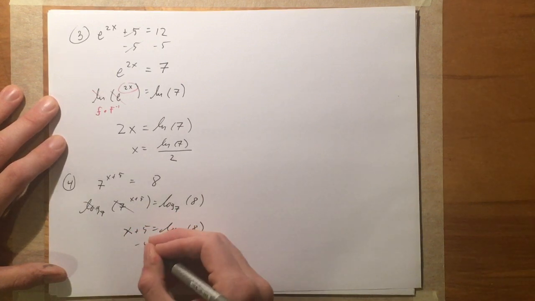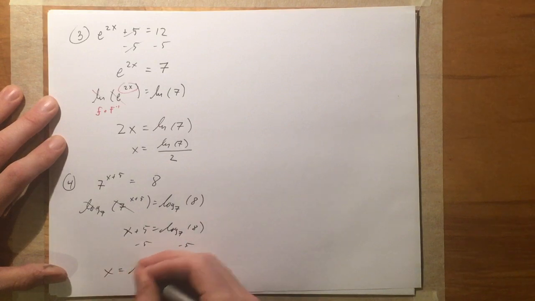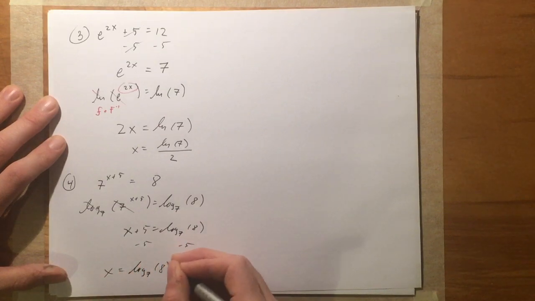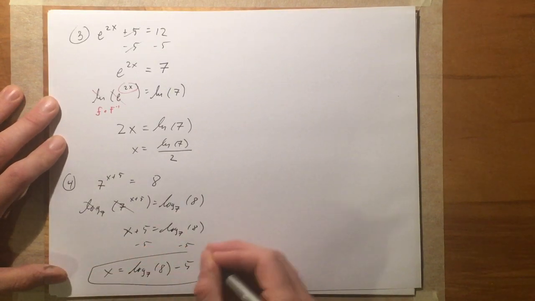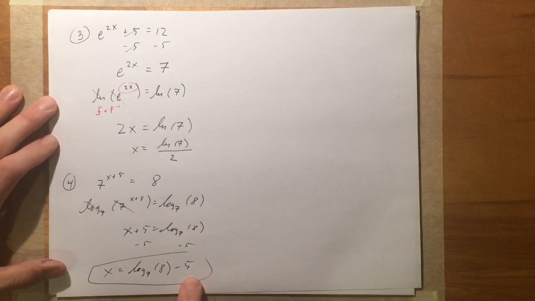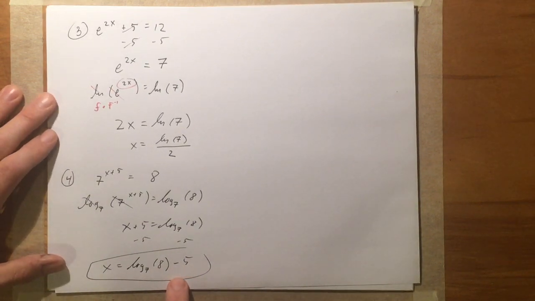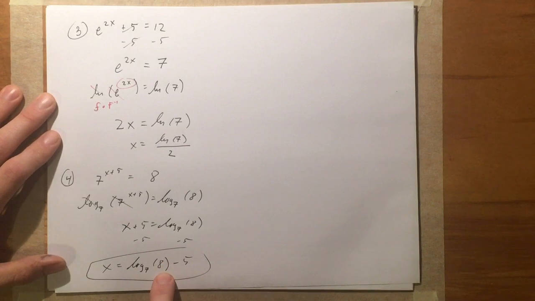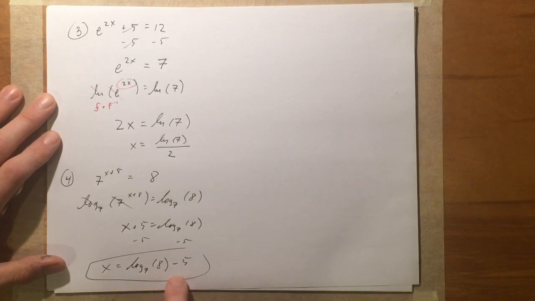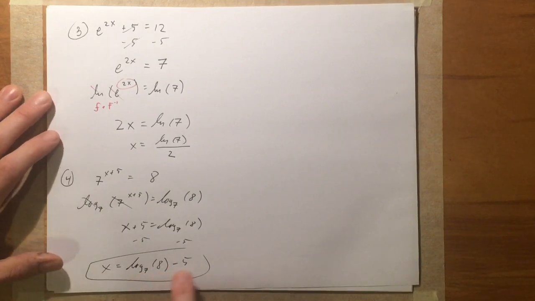You can just subtract the 5 and get x is log base 7 of 8 minus 5. That's the exact form to write that number, because log base 7 of 8 is going to be some irrational value. 8 is not a clean power of 7, so that's just going to be irrational.